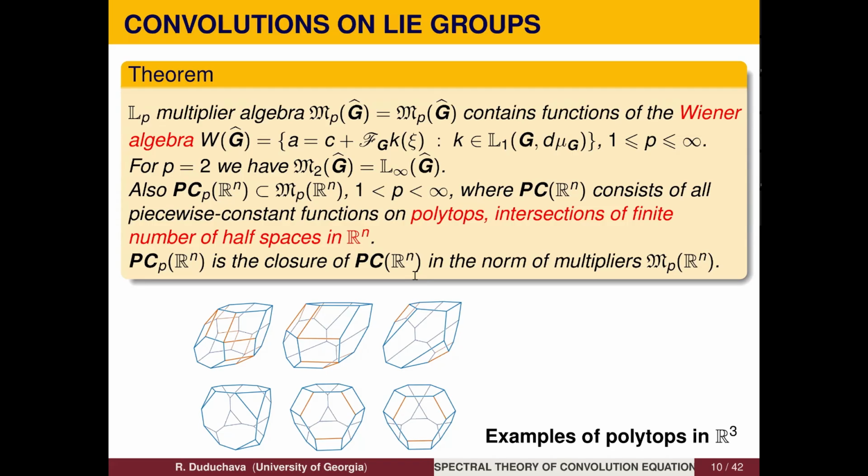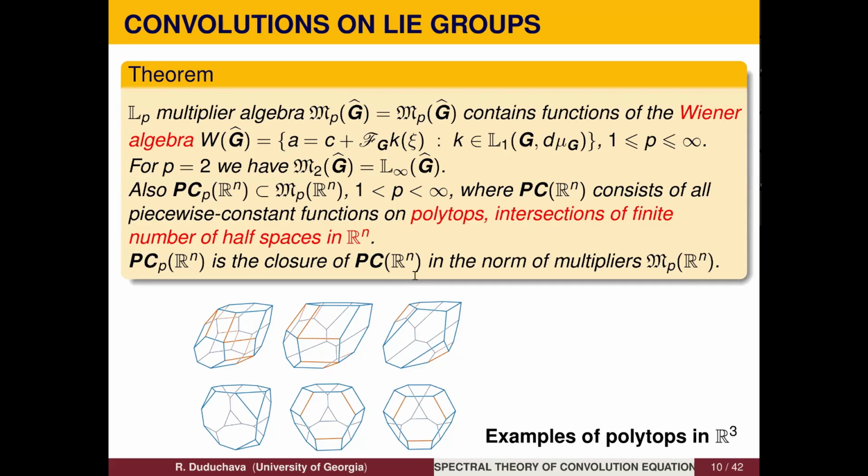This is the Wiener algebra, and they all belong to the multiplier class for any P. For P equal to 2, the class is described trivially. Multiplier class 2 just coincides with bounded functions, essentially bounded functions, L infinity of G, as in the case of classical Fourier transforms.